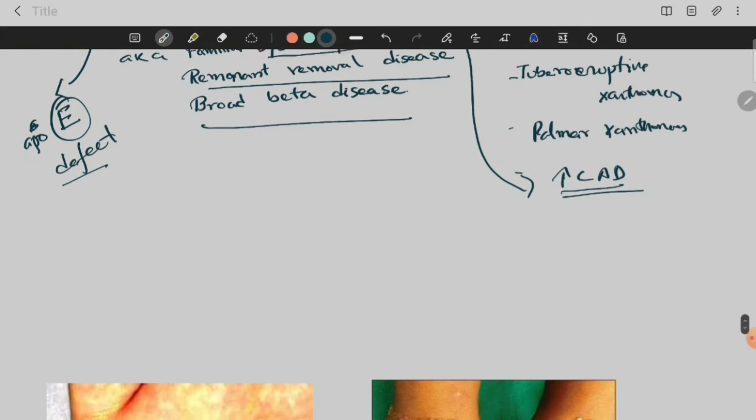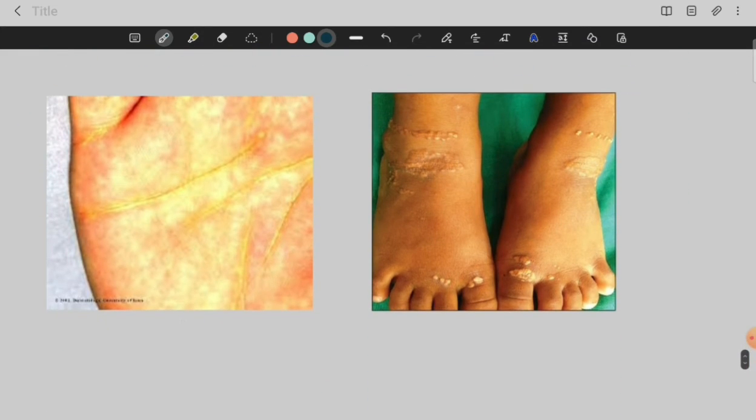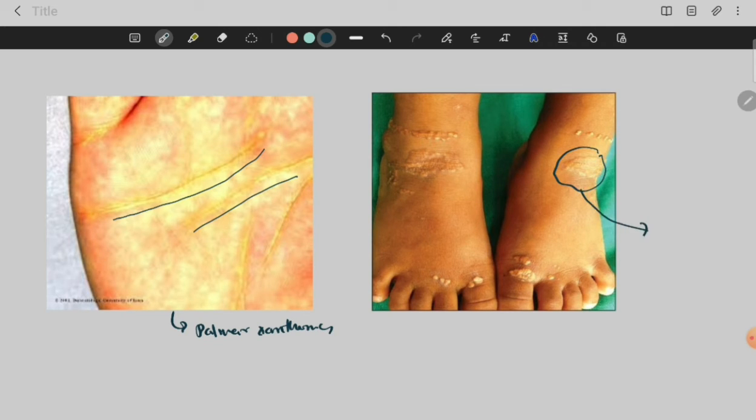Let's see the images here. You can see this is a palm and there is a yellowish line there, and it says palmar xanthomas. And here you can say this is both tuberous and eruptive type, which is known as tuberoeruptive xanthomas.